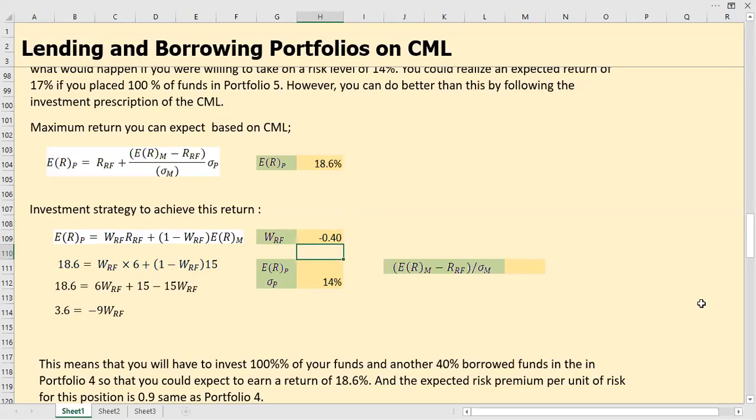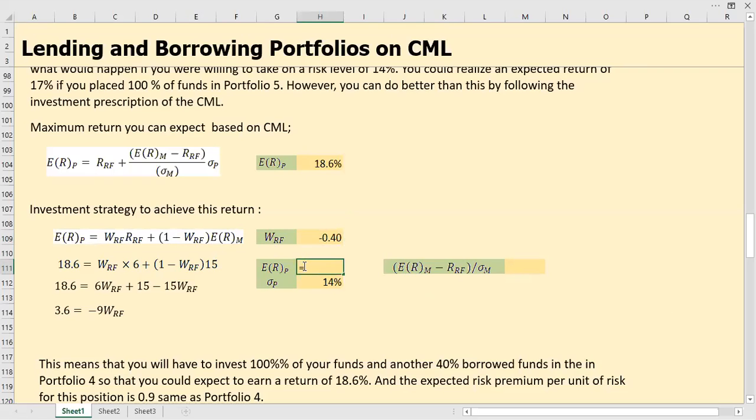So you have minus 0.40. Now you know this is a borrowing portfolio because you get a negative value for the weight of the risk-free asset. So now you can calculate the expected return here using the same formula.